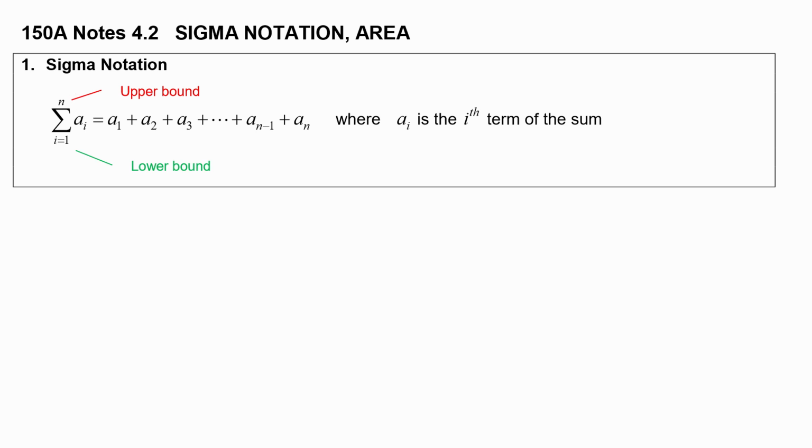And each of these a sub i terms is the ith term of a sum. So a1 is the first term of the sum, a2 is the second term, a3 is the third term, an is the nth term of the sum.